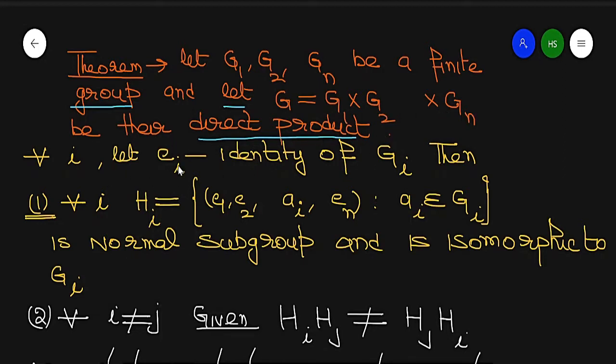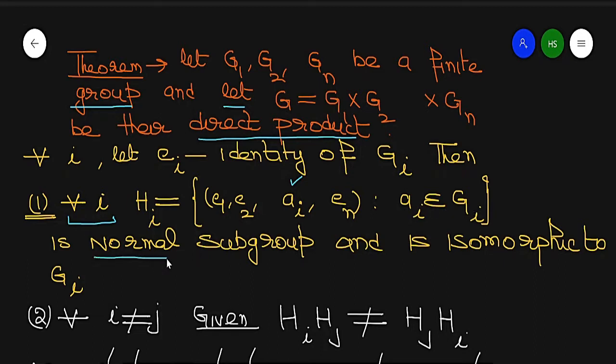Now Ei is the identity of Gi, as we know. Then for every Hi, I define Hi of this kind: all entries are identity except the ith, which has some non-identity element Ai belonging to Gi.